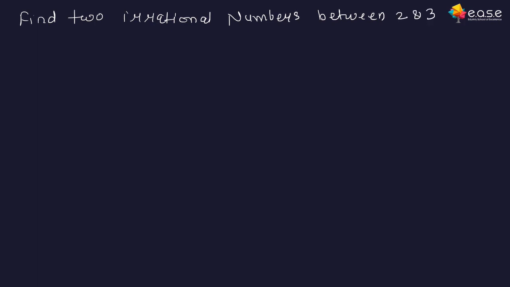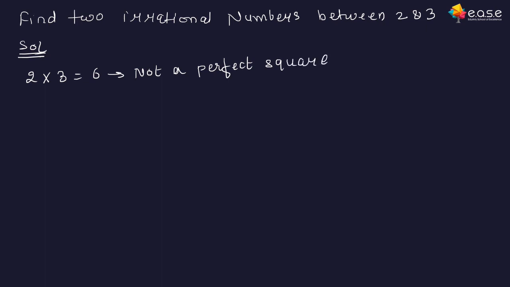See, 2 and 3 both are rational numbers, correct? Now, if you multiply 2 multiplied by 3 is equal to 6. Now 6 is not a perfect square.